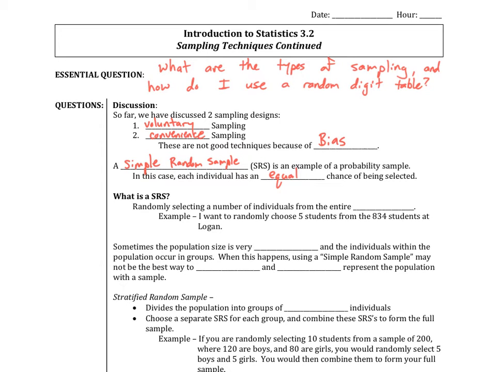Everyone has the same likelihood of being picked for this sample, randomly selecting a number of individuals from the entire population. For example, if I want to randomly choose 5 students from the 834 students at Logan High School, all 834 people have the same likelihood of being picked.